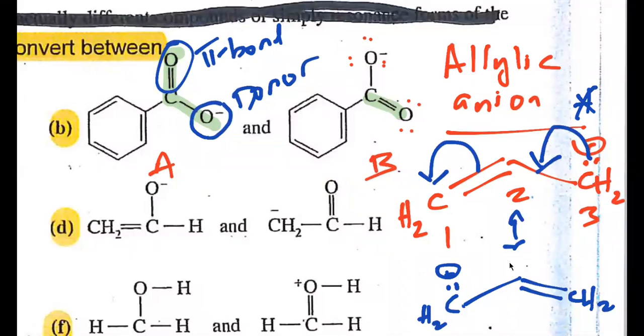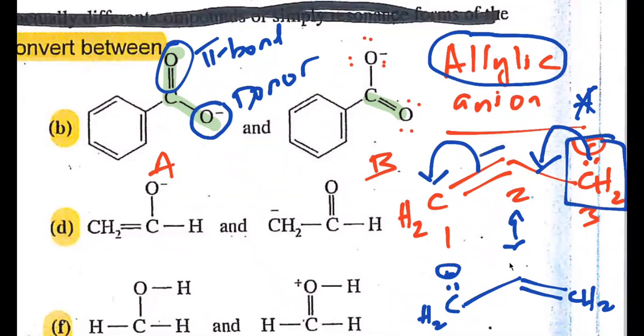All right. Let me break these terms down too, because somebody's thinking, what the heck is allylic? Allylic is a term used to describe an atom or anything that's adjacent to a double bond. So do you see how the CH2 here is right next door to this double bond? That's why we call it allylic, and it's an anion because it has a negative charge.